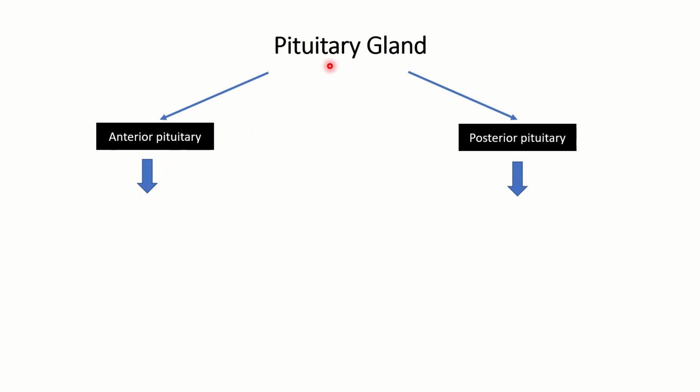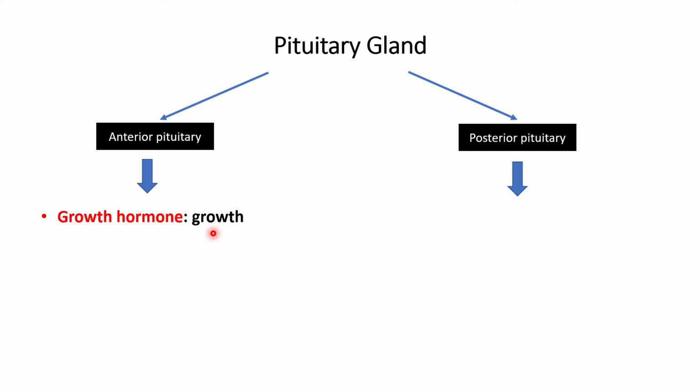So the pituitary gland: we have the anterior lobe and the posterior lobe. The anterior lobe has a few different hormones. The first one is growth hormone. During childhood, growth hormone increases mitosis and cell division, so it's important for growth.